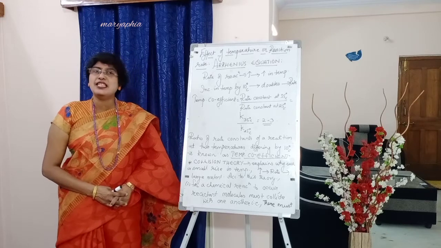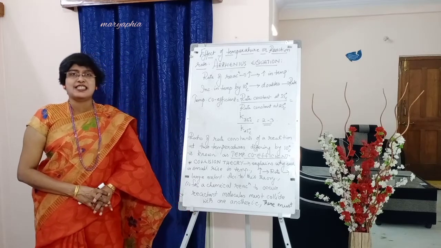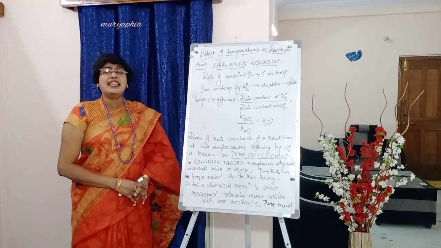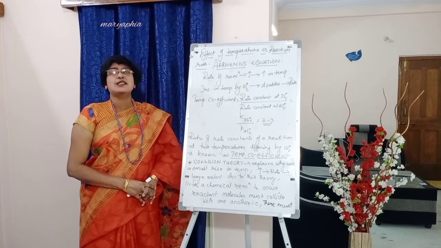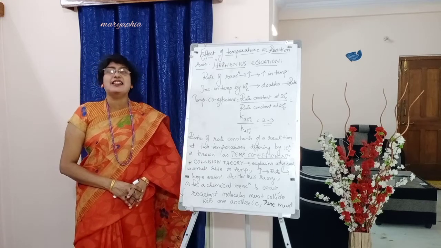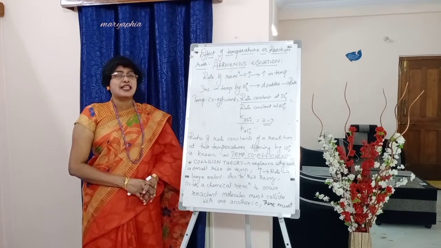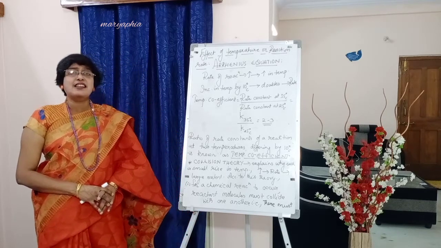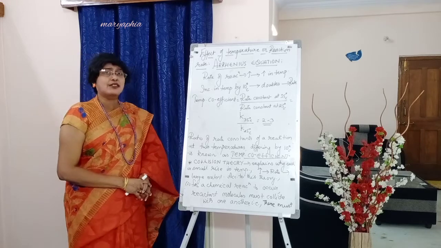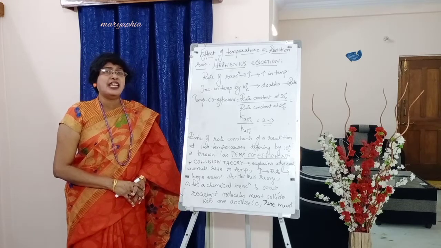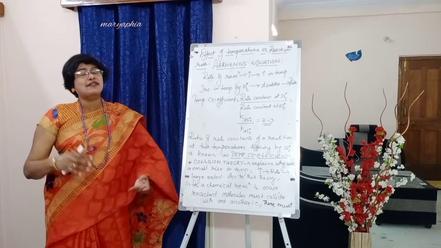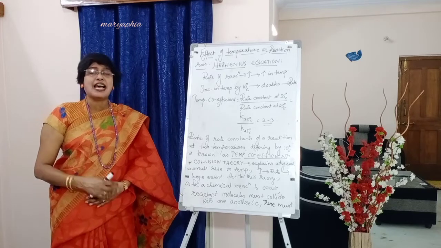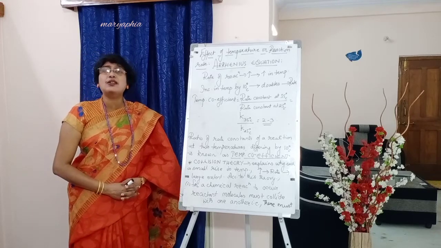The difference between these two temperatures is 10 degrees centigrade. So maintaining the temperatures like this, if we calculate the rate constants at these two temperatures, and take the ratio of these two rate constants, then we will reach a value between 2 and 3.